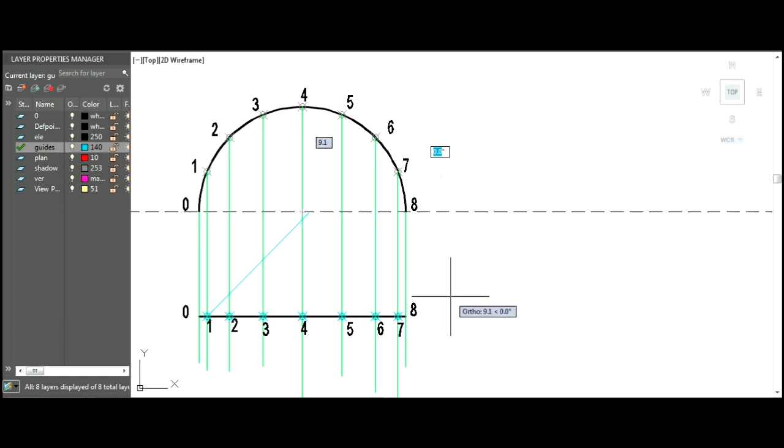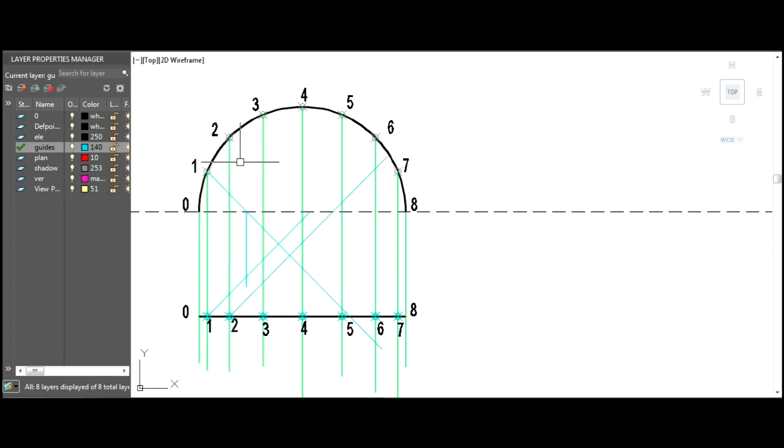So this one should come down, so I have to mention minus 45, so it reaches here. We see that the light ray in elevation intersects the ground plane first, so we draw the vertical down. Now you're familiar with the process, we just go on repeating the same for all the points.